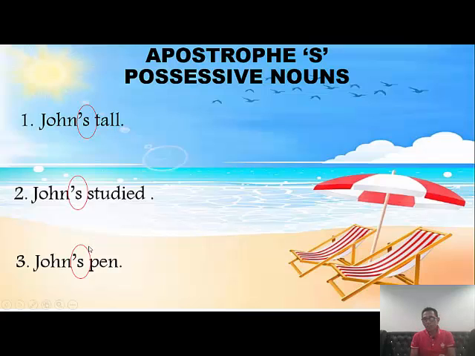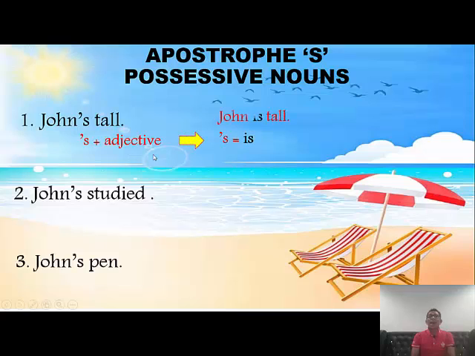But we are going to look at the meaning of each sentence. Are they really the same? Let's discover it. Okay, now number one, John's tall. When we add apostrophe and s plus an adjective, that is actually the contraction, or the short way, to say is. Instead of saying John is tall, we can say John's tall.